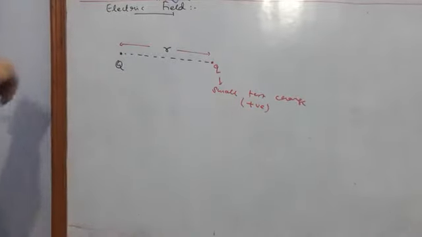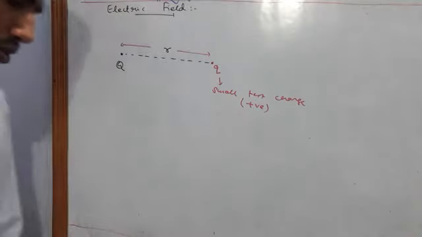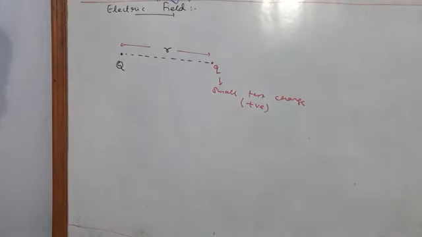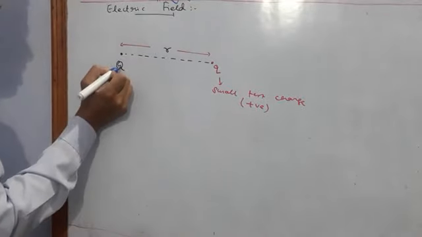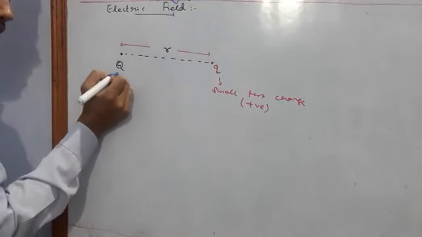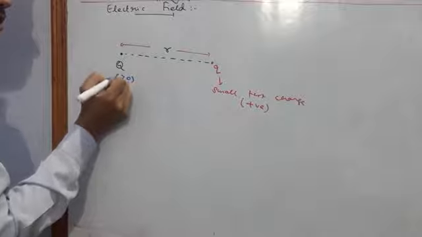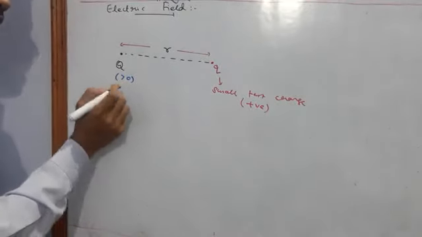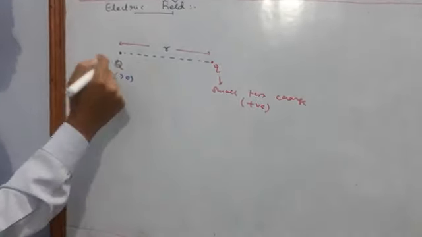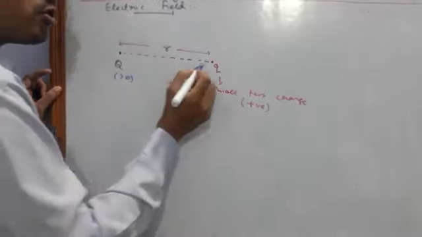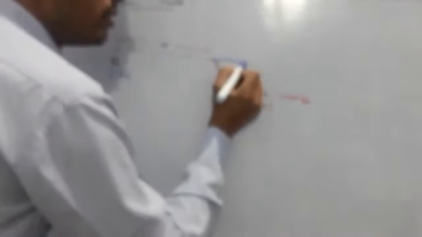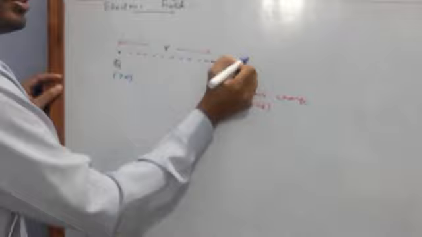We don't bring a negative test charge. Of course you can bring, in principle there is no problem, just for the sake of definition. Now this charge may be positive or negative. If it is positive, then it will repel this one, and if it is negative, it will attract that one. We assume both of them to be positive, then the figure will show force like this.